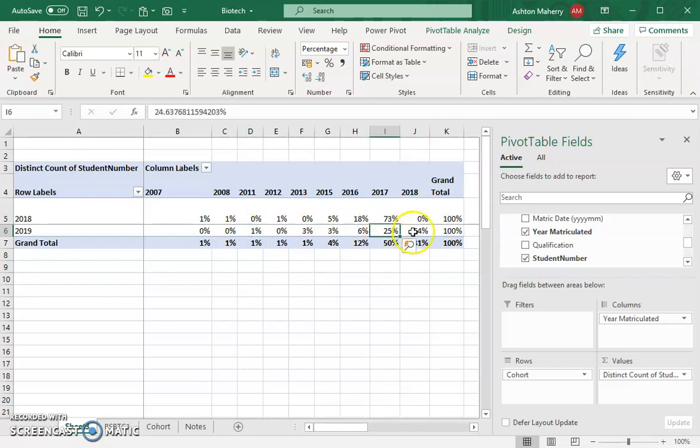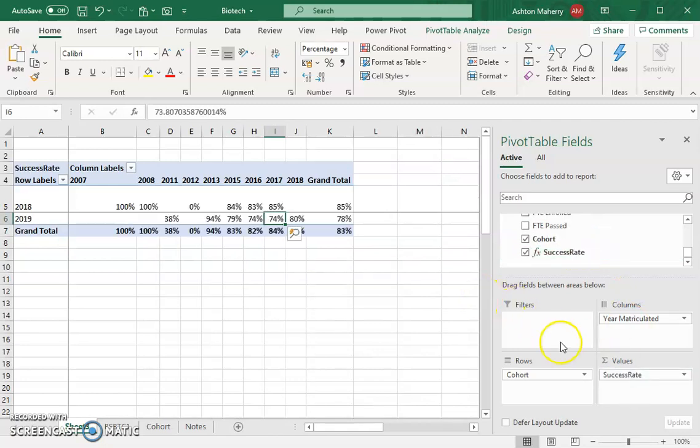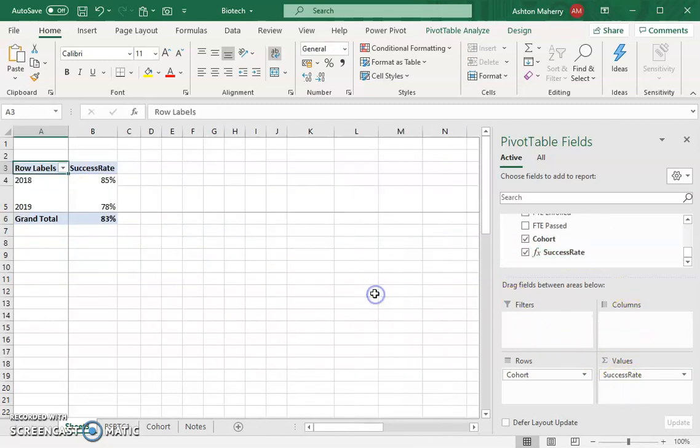So there's been quite a significant difference between the 2018 and the 2019 cohort in terms of when they matriculated. And I wonder if that might have something to do with the difference in success rates, the difference in the success rates between the 2018 and the 2019 cohort.